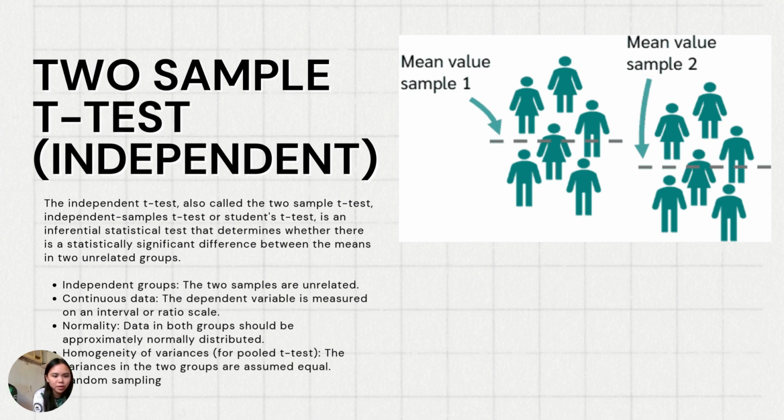Continuous data: the values are measured on an interval or ratio scale. Normal distribution in both groups. Homogeneity of variances: the two groups are assuming equality of variance.